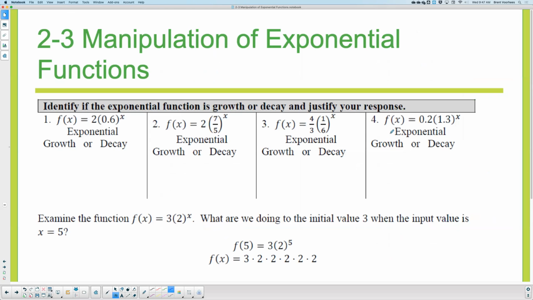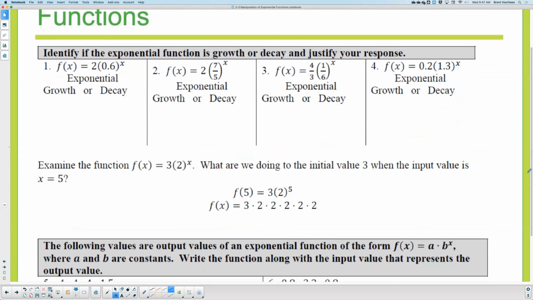So it says identify if the exponential function is growth or decay and justify your response. So let's look at example 1 here. When you look at this equation, would you call this exponential growth or decay? What do y'all think on this one? Decay. Why are you saying decay? Because what determines is both your A and your B working together.